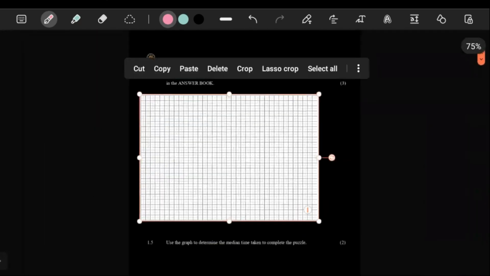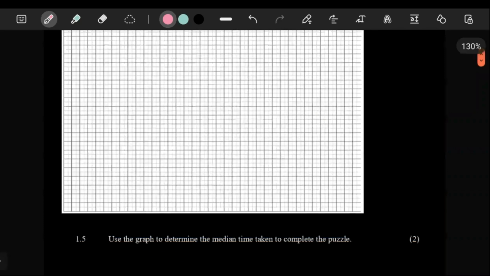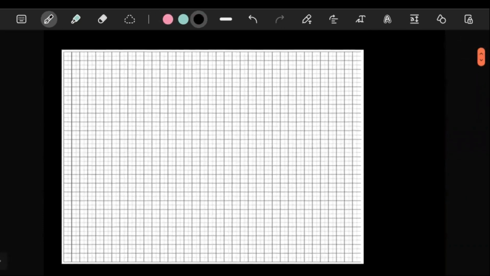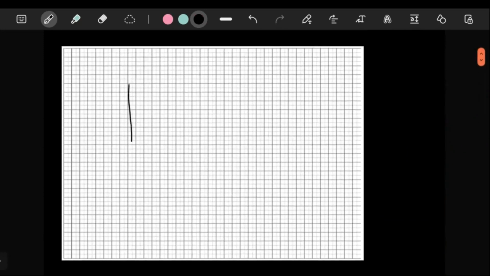So let me make this a bit smaller. Move it to the right. It doesn't want to move. Anyways, let's do this. Let me label it from here. I'm going to make this a 0. And then every 3 blocks, I'm going to make it 5, 10, 15, 20, 25, 30, 35, 40, 45.